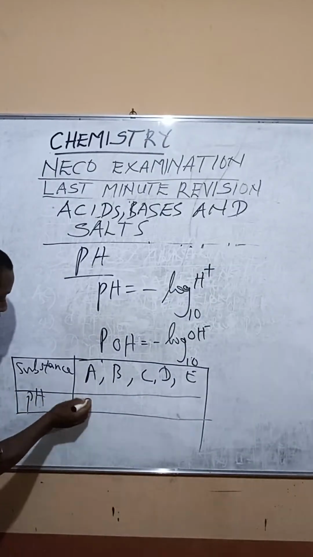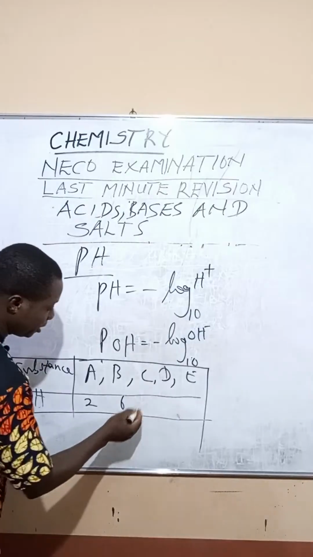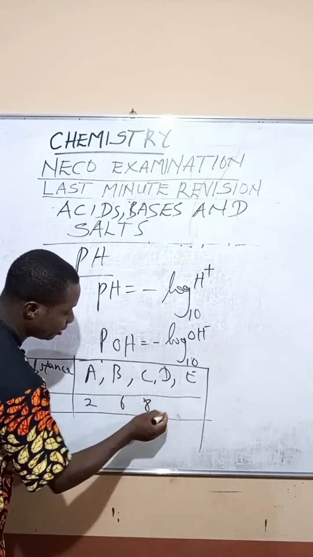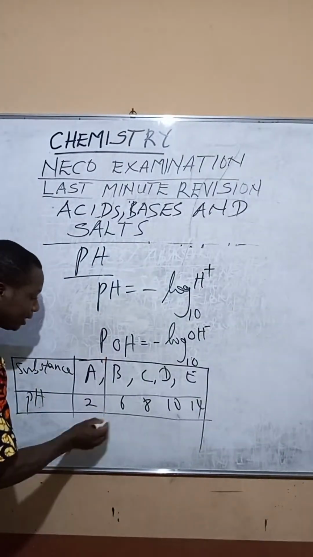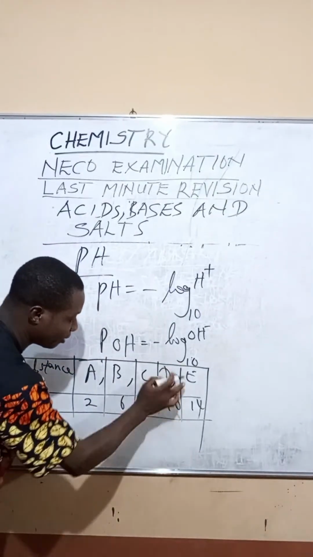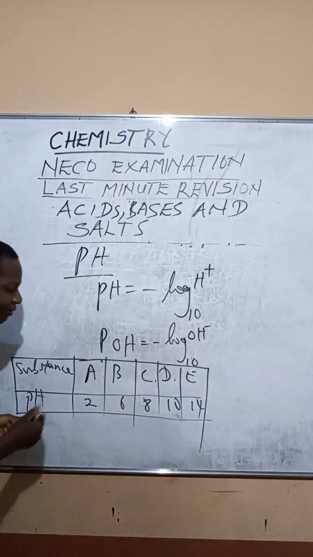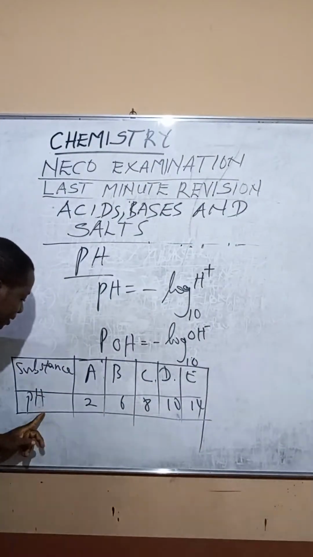Let's say this one is 2, this is 6, this is 8, this is 10, and this is 14. You may be given something like this. Please take note. Something like this can come out in different forms, your substance and the pH.